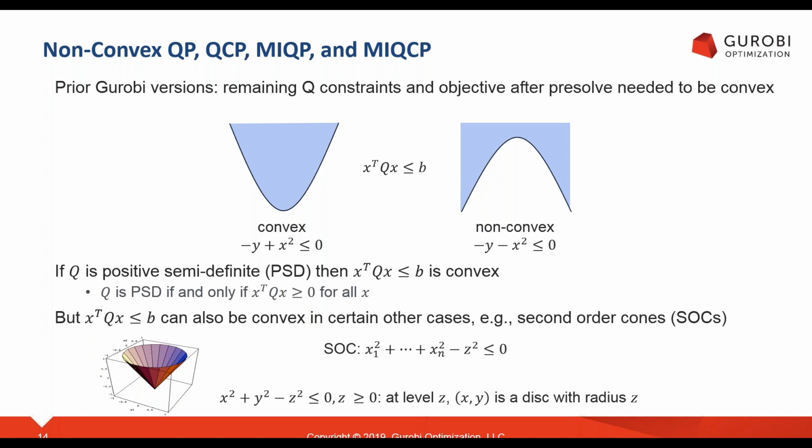So if you also allow for negative z's, then this cone shape that you see here in the top, bottom left would be extended towards the bottom, and then the area would no longer be convex. But if the z is non-negative, then this is convex, and this can also be solved by prior Gurobi versions. So all Gurobi versions since version 5, I think, would be able to solve such problems with these convex quadratic constraints.